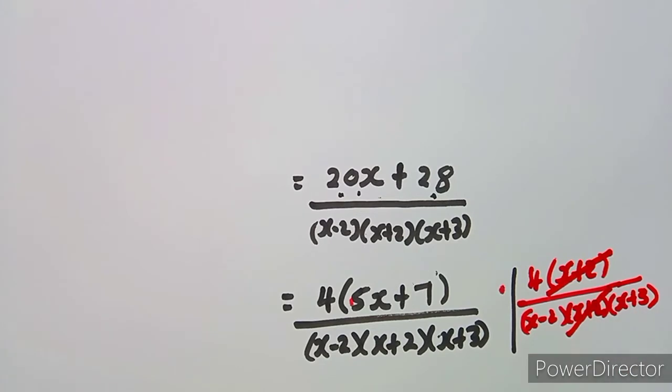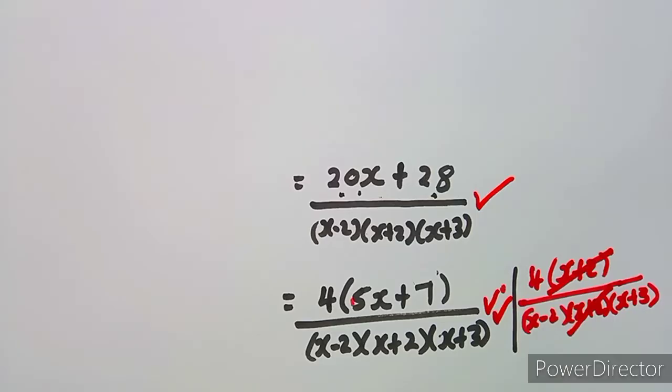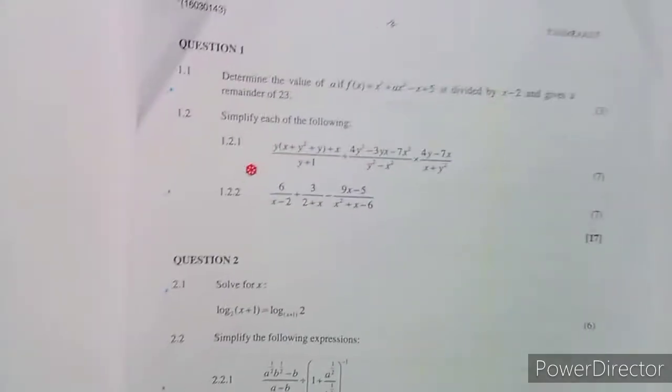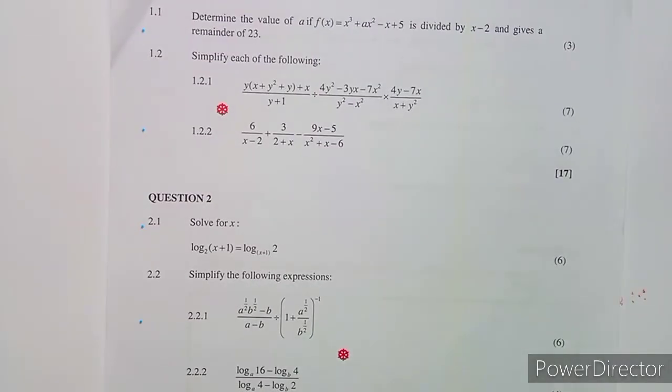It can cancel when such condition occurs. But in this case, we do not have such. This bracket cannot cancel to any of these both. They are not the same. So it means our answer can be left at this stage, or you can also leave it at that stage. That is how this was all about. So as you can see, guys, it's all about the basics of your factorization, how you do your factorization. That is what matters the most.